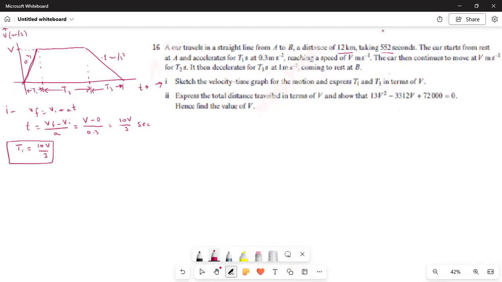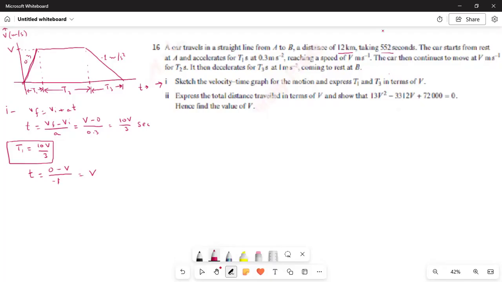Okay, now to express t1 and t3 in terms of v. For the last part of this motion, again we can find this interval: t equals Vf, which is 0 in this case, minus Vi, which was v, over the acceleration, which was minus 1 meter per second squared. So it is simply v.